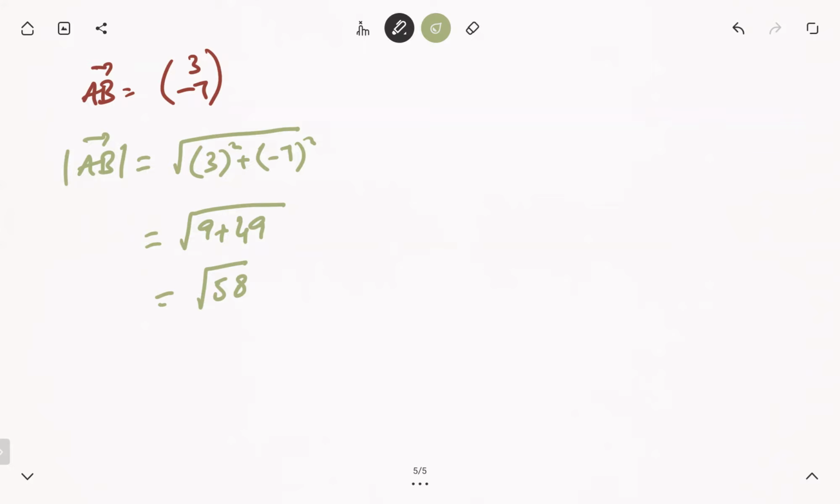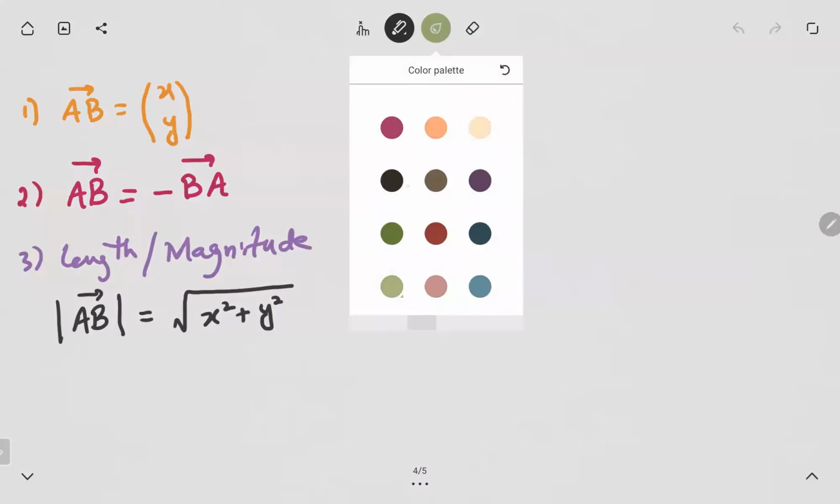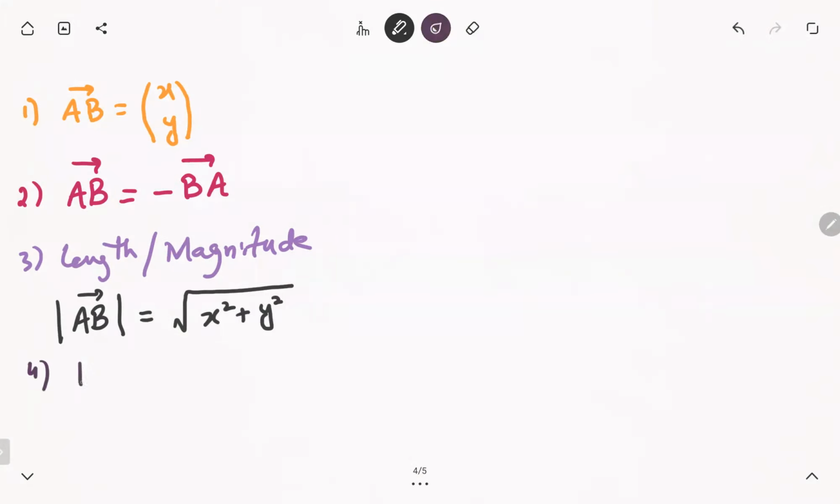Okay, next is position vector. What is a position vector? Vector AB जो है, it starts from A and ends at B. That's the vector AB.